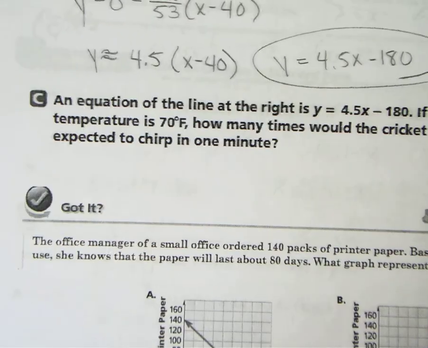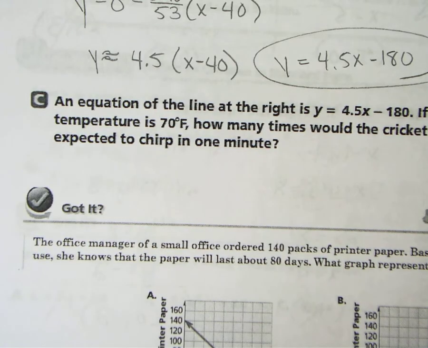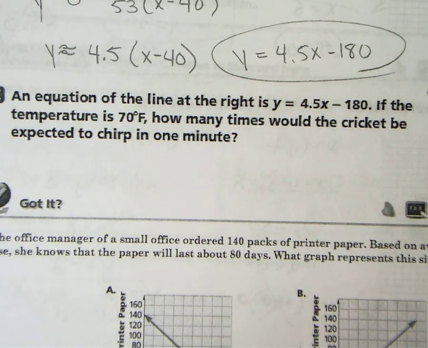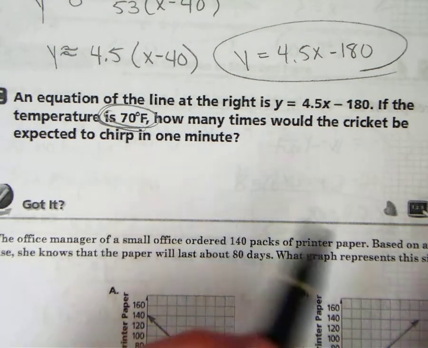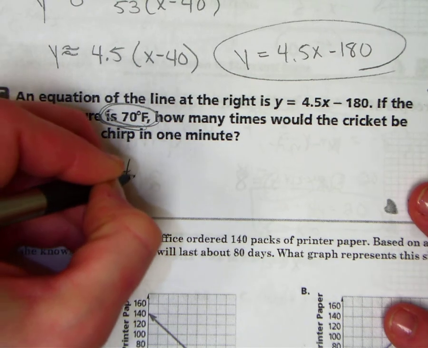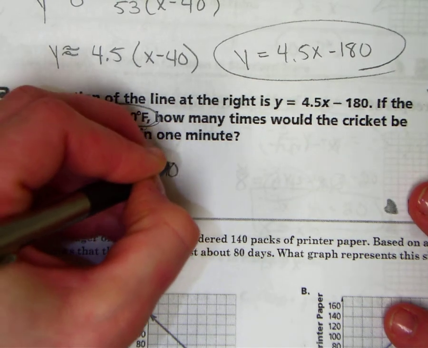In part C, it says an equation of the line at the right is y equals 4.5x minus 180, which is exactly what we got. If the temperature is 70 degrees, how many times will the crickets be expected to chirp in 1 minute? Okay, so we are just going to plug in 70 degrees. 70 degrees was an x value, so we'll do y equals 4.5 times 70, minus 180.